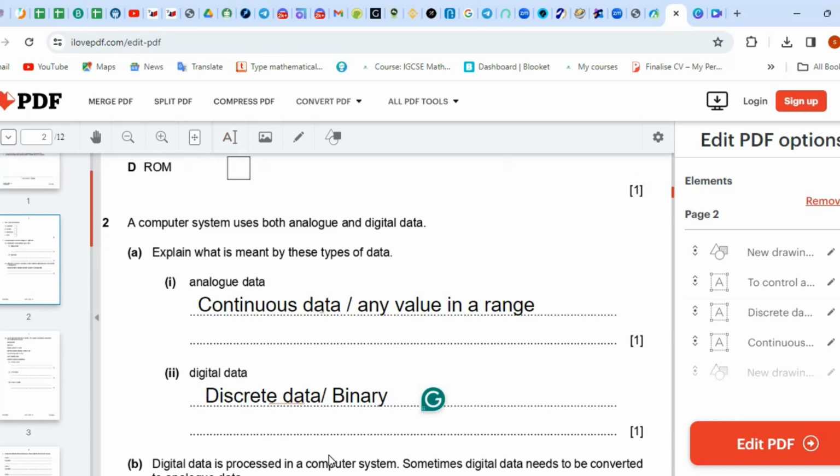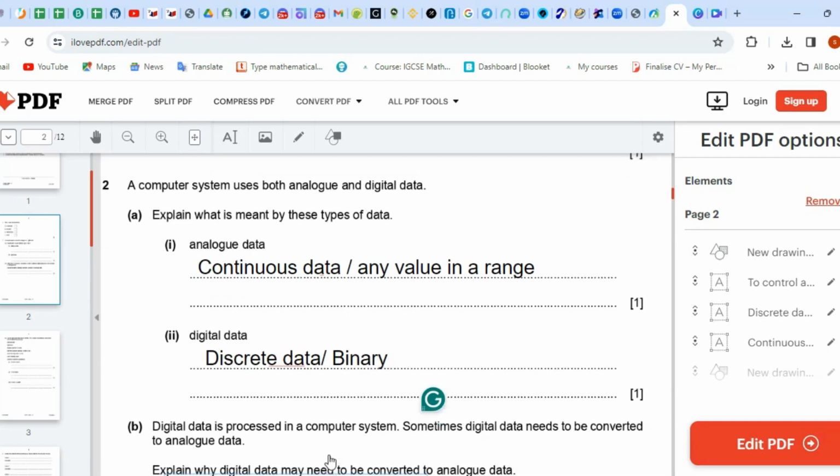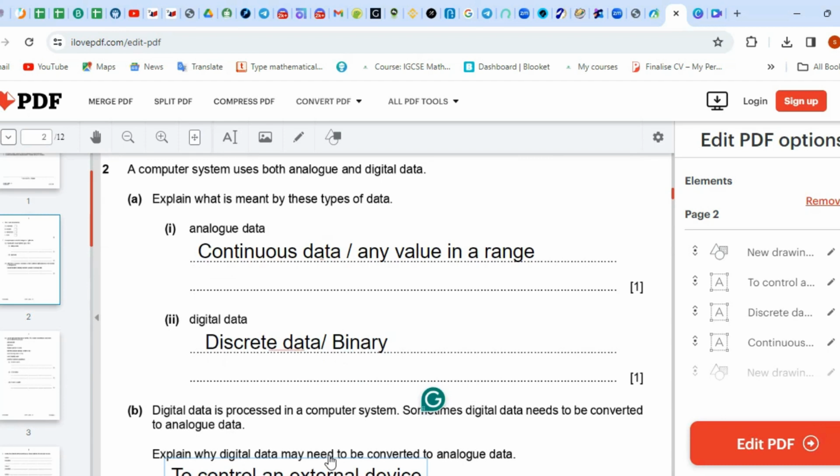Then, question 2b says, digital data is processed in a computer system. Sometimes, digital data needs to be converted to analog data. The question says, explain why digital data may need to be converted to analog data.